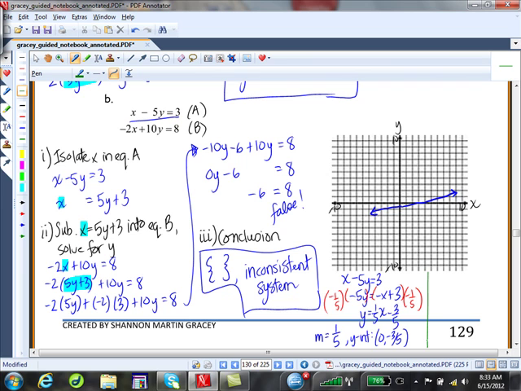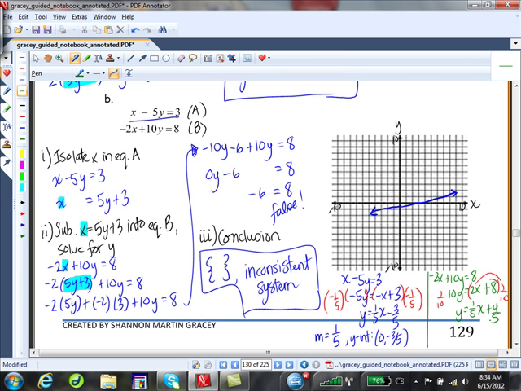And then the green line will be negative 2x plus 10y equals 8. So that'll give us 10y is positive 2x plus 8. And then multiplying both sides by 1/10, remember, that distributes through. We will get a simplified result of y equals, so 2 over 10 is 1/5 times x, and then 8 over 10 is 4/5.